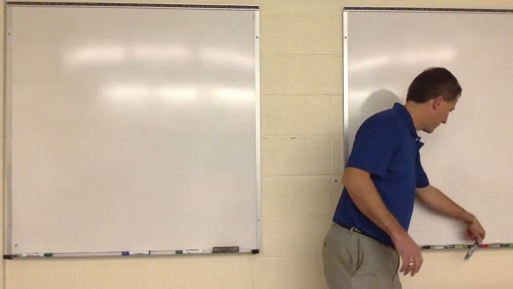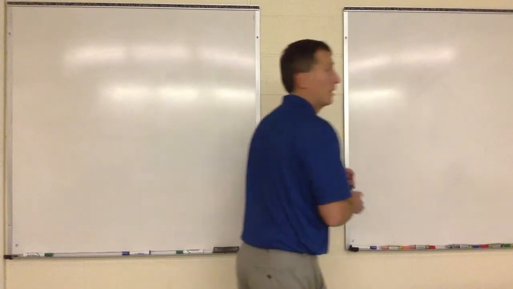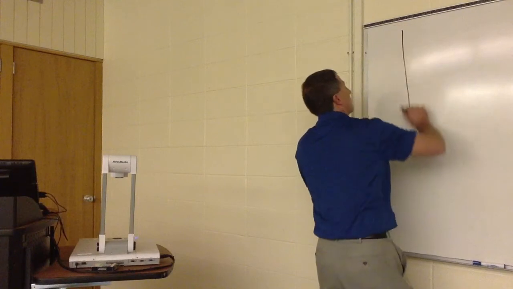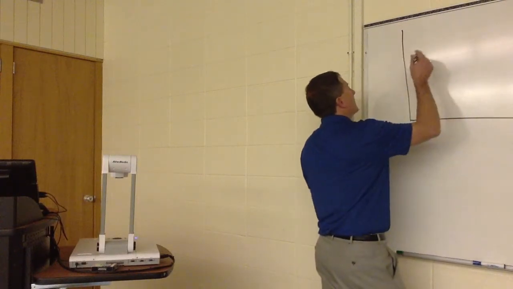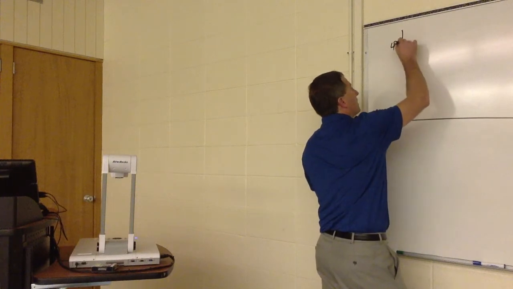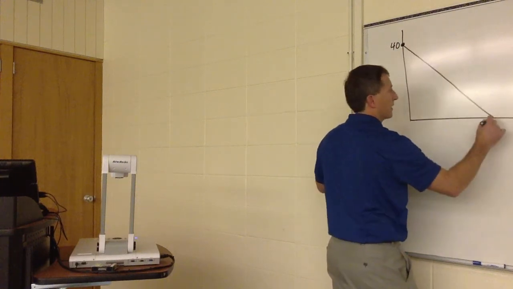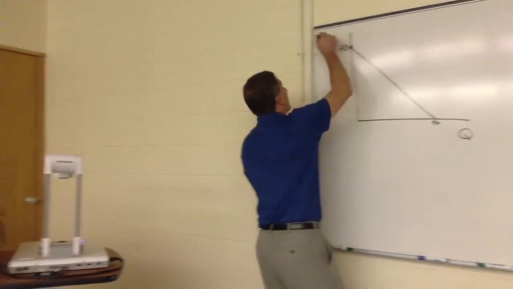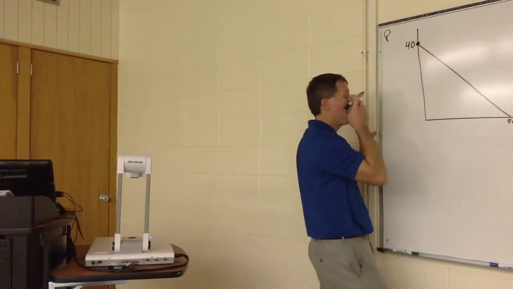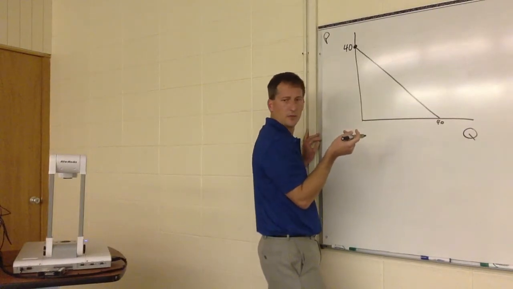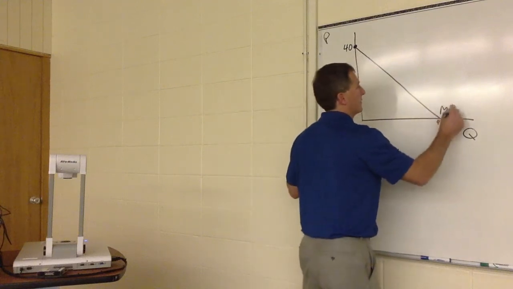So do you have the marginal revenue function there? What is it? 40 minus Q. So we've got an intercept of 40 and a one-to-one slope, so this would be 40, right? And then we've got a marginal cost of, what was the first marginal cost? 5.